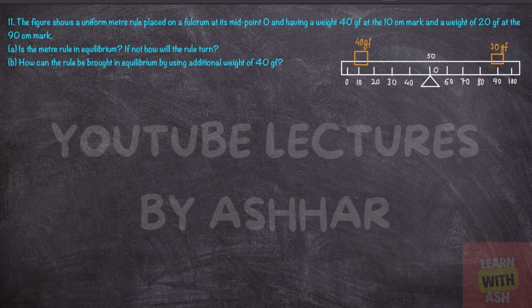The question tells us that the figure shows a uniform meter rule placed on a fulcrum at its midpoint O and having a weight of 40 gram force at the 10 centimeter mark. That means there is a fulcrum situated at the 50 centimeter mark of a 100 centimeter rule, and the 40 gram force weight is kept at the 10 centimeter mark.